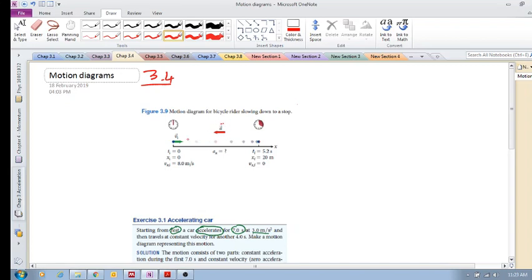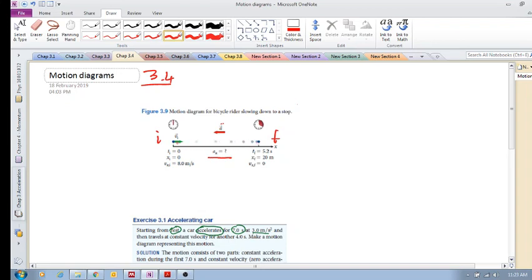Okay? So capture the time, position, velocity at the initial, time, position, velocity at the final, and then your acceleration in between there. What is your acceleration?